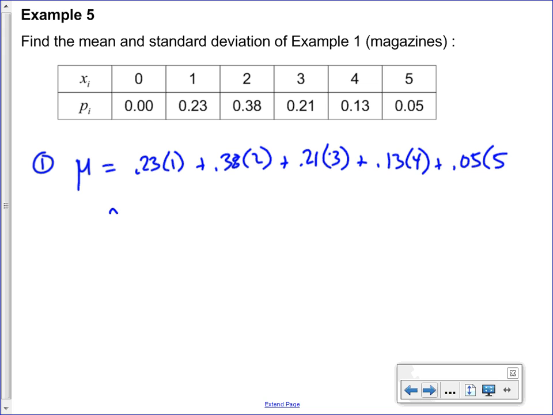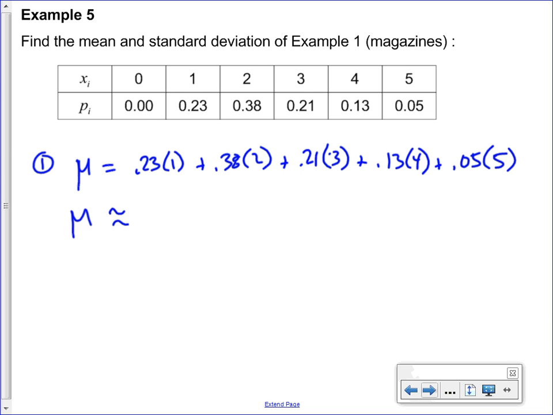I have the answer, I just want to make sure we came up with the same thing. 2.39?